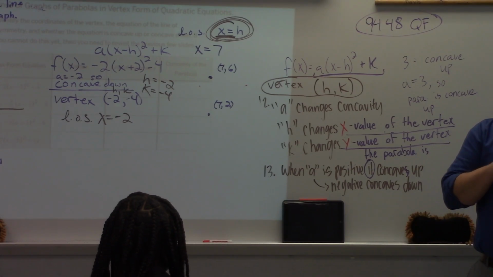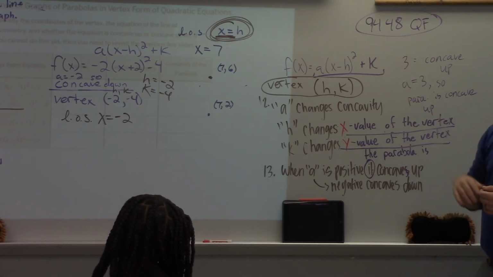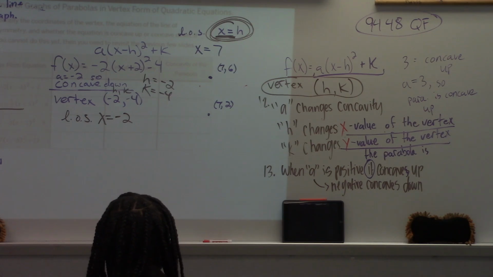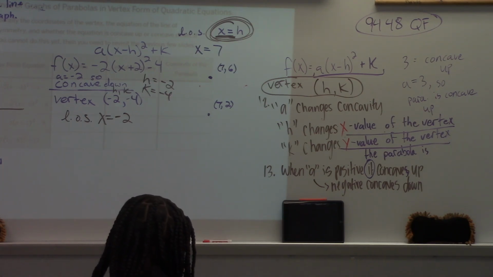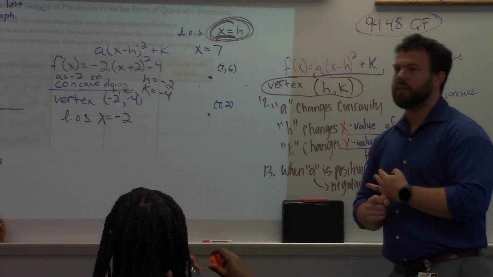Hey, at this point, we need to be doing notes to our future forgetful self about the vertex form. What features should you be writing about on the vertex form graphic organizer? Write down the equation. Which features do we focus on? The a, concavity. What other features of the parabola should we be writing about?